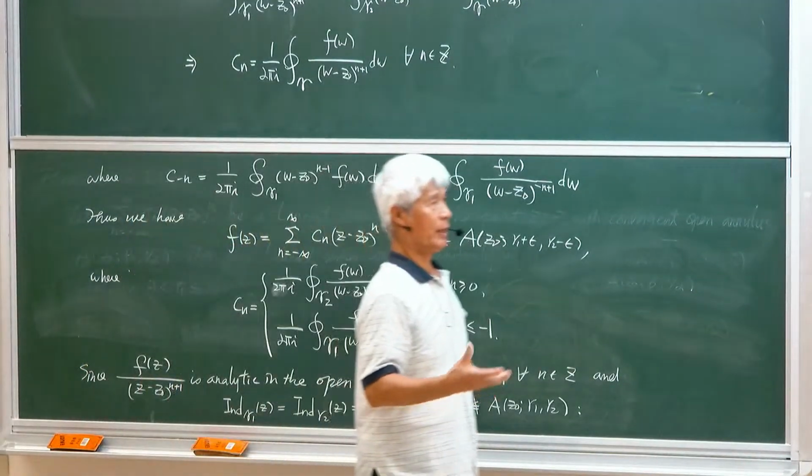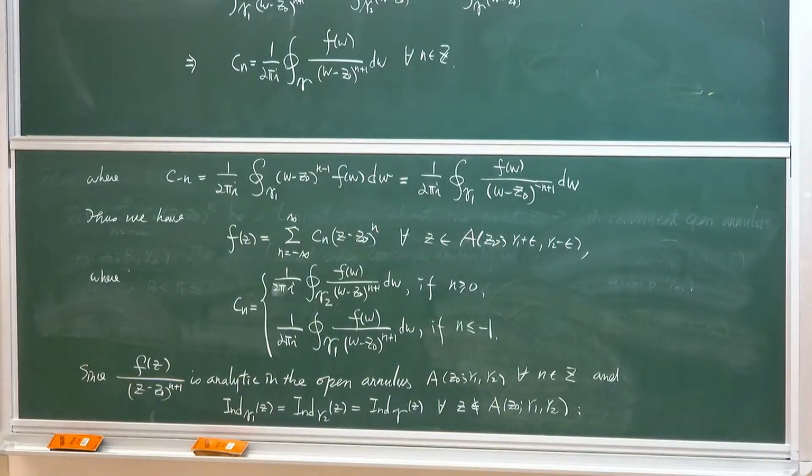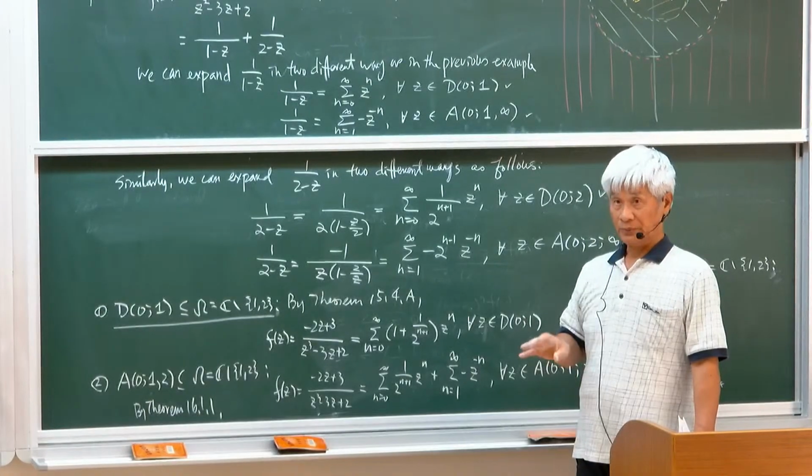All right, so the representation of an analytic function, either by a power series or by a Laurent series, depends on finding an open disk inside the defining open set, or finding an open annulus contained in the defining open set omega.